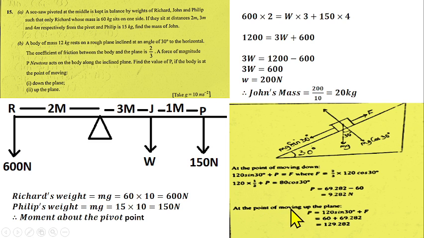At the point of moving up the plane, that means the value of P should be equal to the force on the horizontal plane plus the friction, the reaction against it, which is the value of F we got here, 69.282. That is the reaction of the plane against the body.